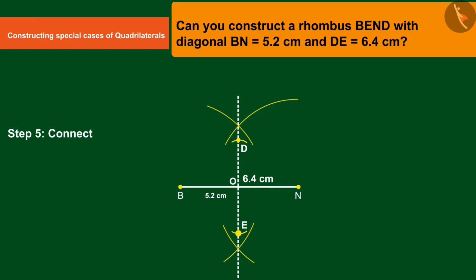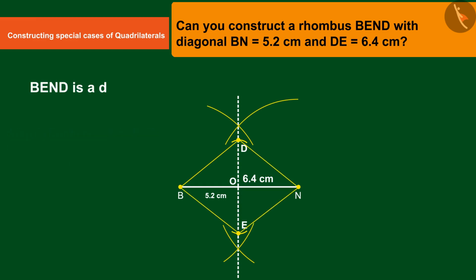Connect the points BE, EN, ND and DB. BEND is the desired rhombus. You can confirm this with the help of a scale and compass. You will see that all the sides of the quadrilateral are of equal measure.